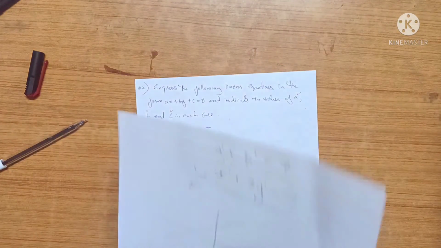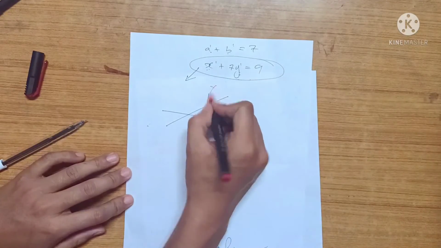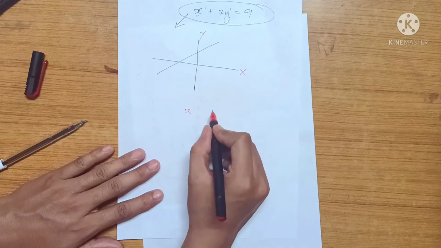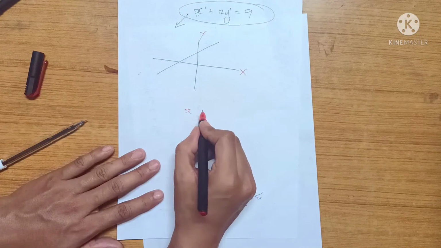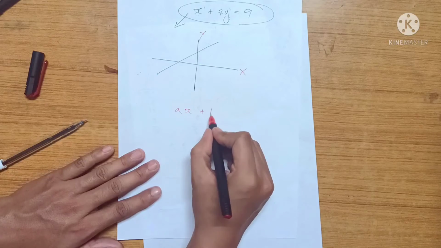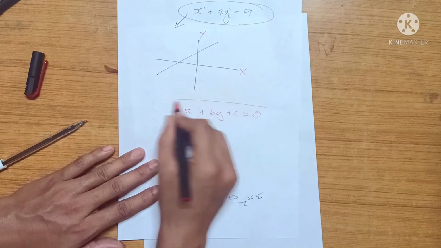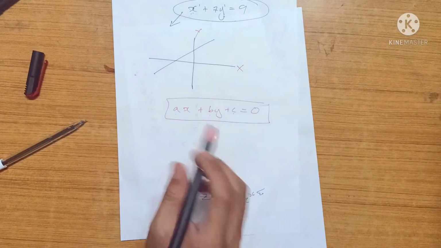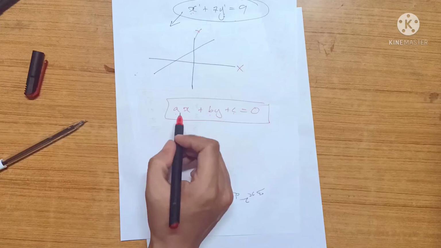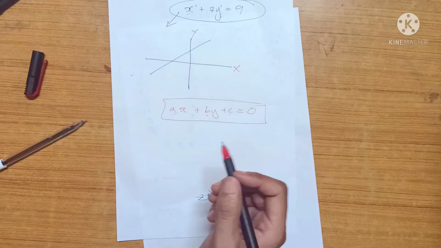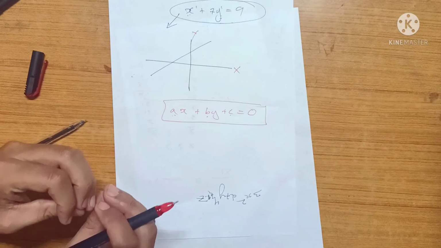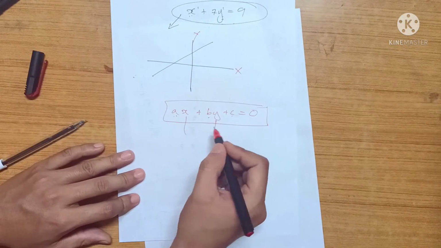We are starting graphs, which means we are supposed to plot it in the xy axis, so we're going to use the two variables as x and y only, nothing else. So ax plus by plus c is the actual form of the linear equation, where a, b, and c are all numbers. These are not alphabets, these are representations of numbers. And x and y represent the xy axis. You have to remember that.